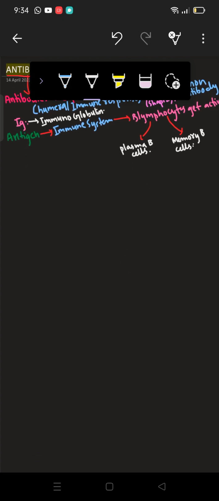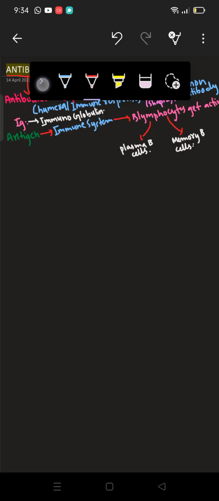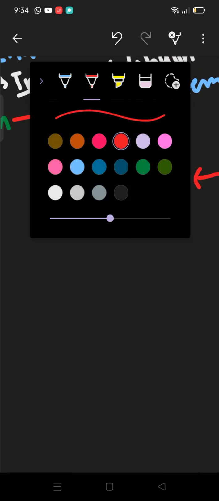Plasma B cells and memory B cells. Now what would these plasma B cells be doing? These plasma B cells are responsible for the production of antibodies.